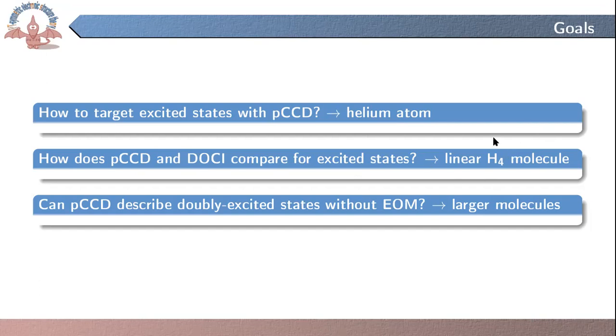For that we studied the linear H4 molecule and the symmetric dissociation of linear H4. And finally, how can we target double excited states with PCCD without making use of EOM, and whether this is accurate or not, and for that we explore some larger, more realistic molecules.